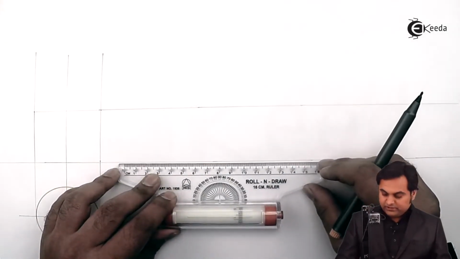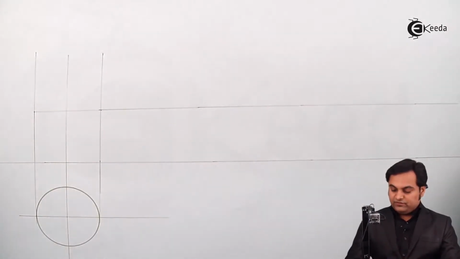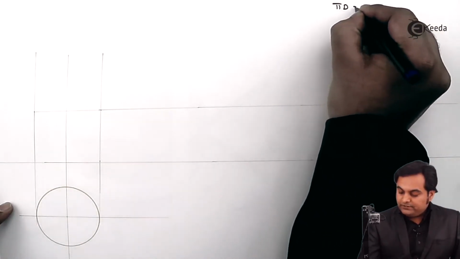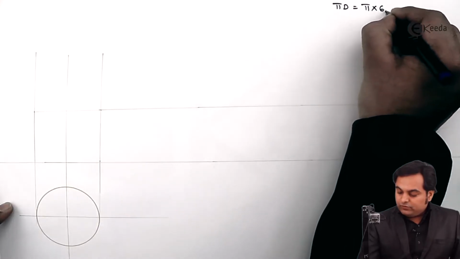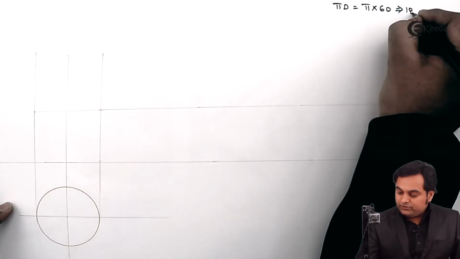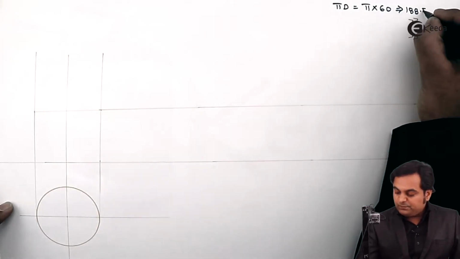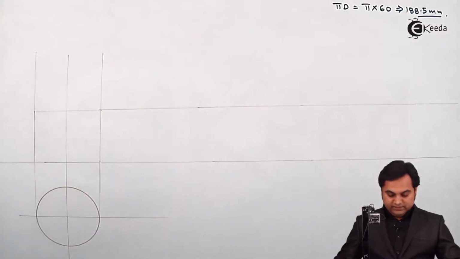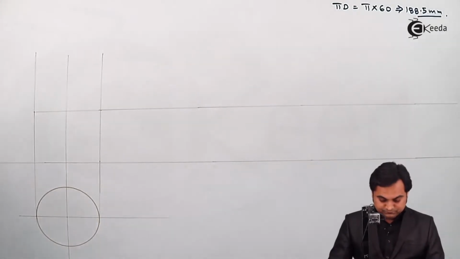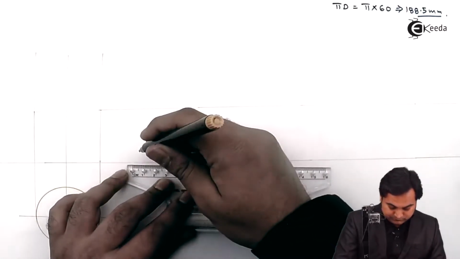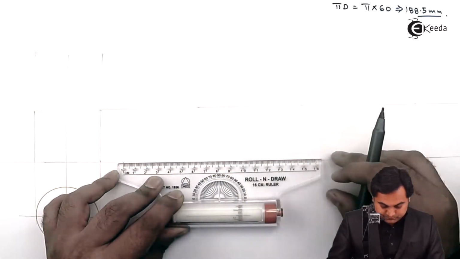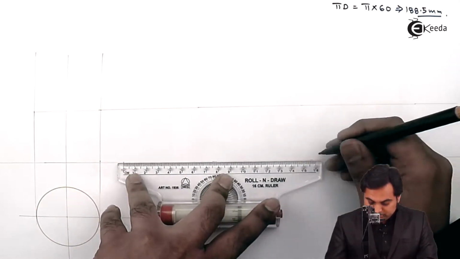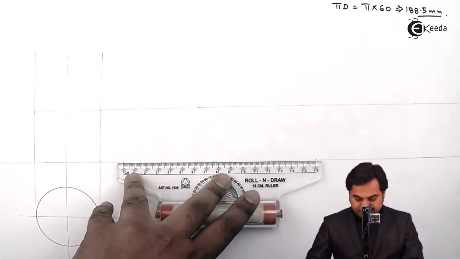So the length will be corresponding to the circumference, which will come out to be pi d, pi into 60, that is 188.5 mm. So here I'll mark this length.